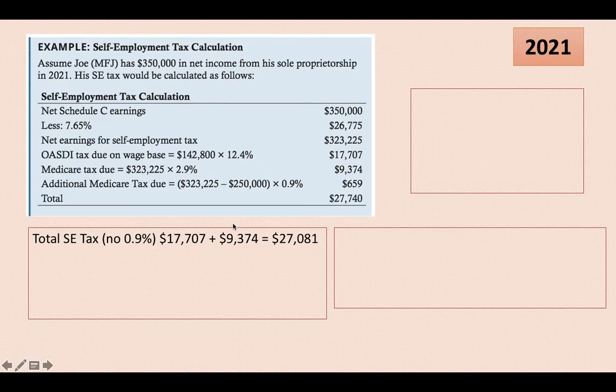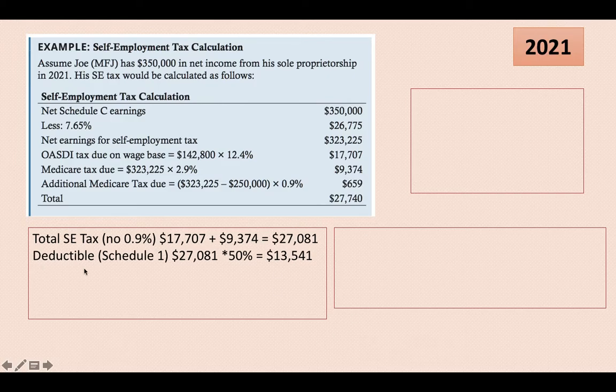So later, I'll make another video to show you how to fill out the form to report all of this. Okay, so you can see here, only your Social Security and the original Medicare tax, these two, you add them together, and then you will get the SE tax amount.